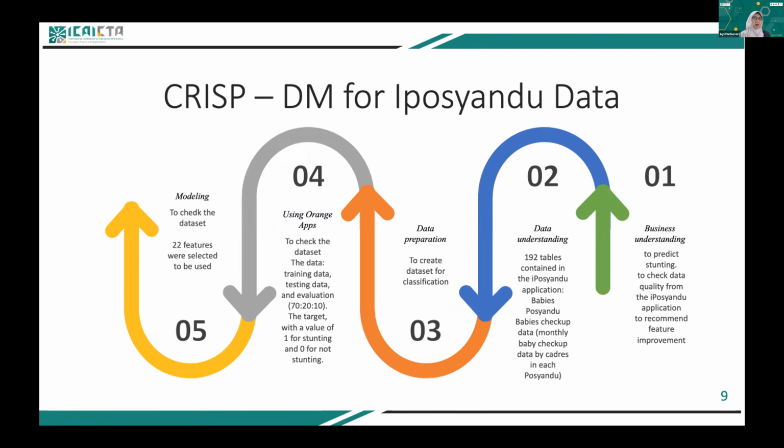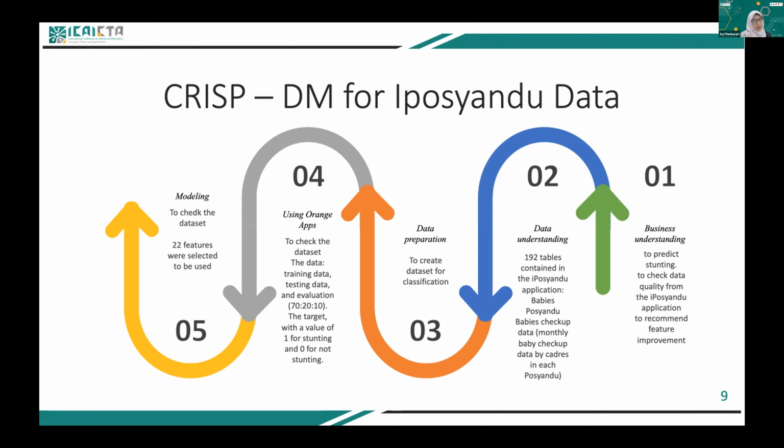So we can recommend feature improvements of the application, because this application is always being enhanced and also developed, not only as a mobile application but also as a web application. We enhance many features. Then we have to recommend what features should be in the iPosyandu application due to the needs of the machine learning project.